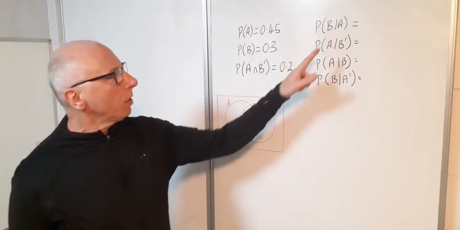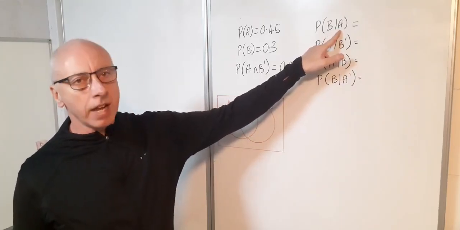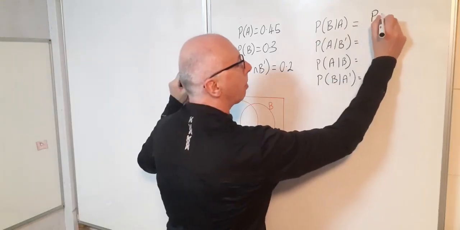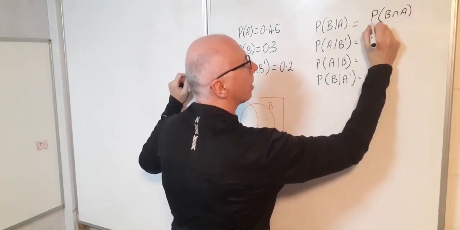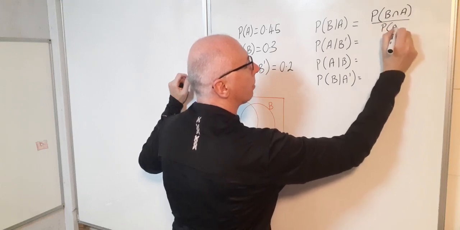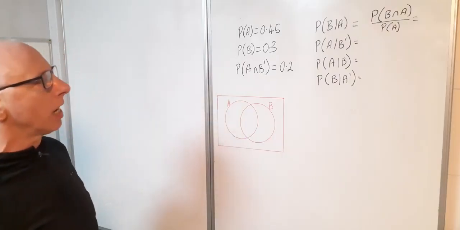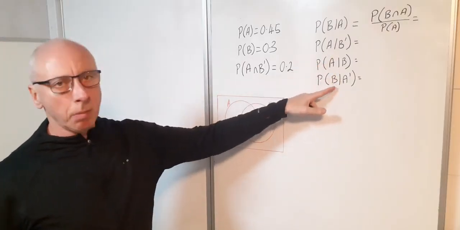So first of all, I'm going to write up here how we work out the probability of B given A has already happened. So what we want for that is the probability of B intersection A over the probability of A. And then we're going to put our numbers in there and see what we come to.